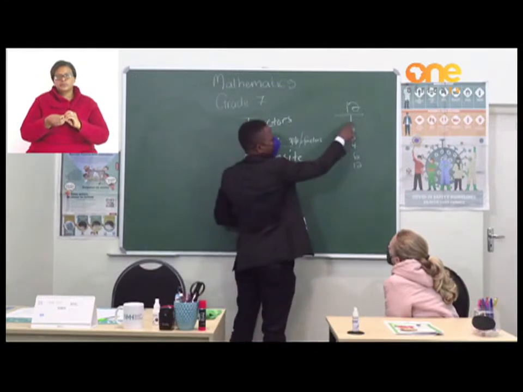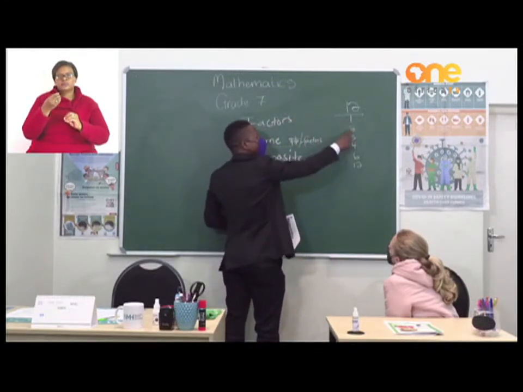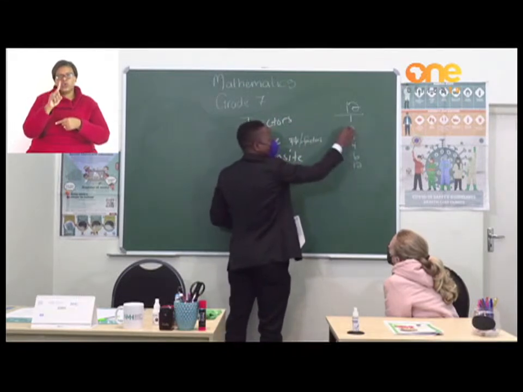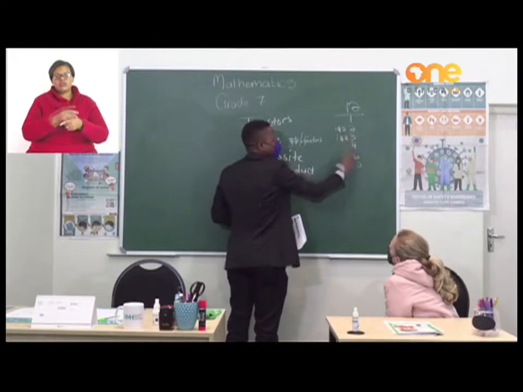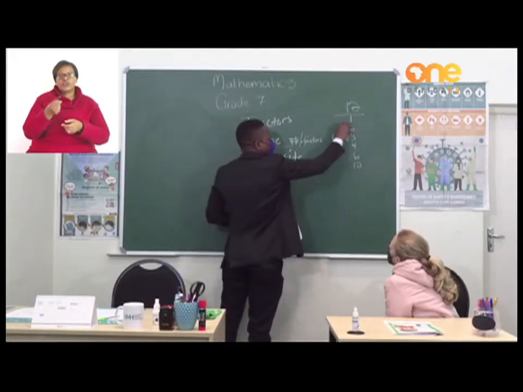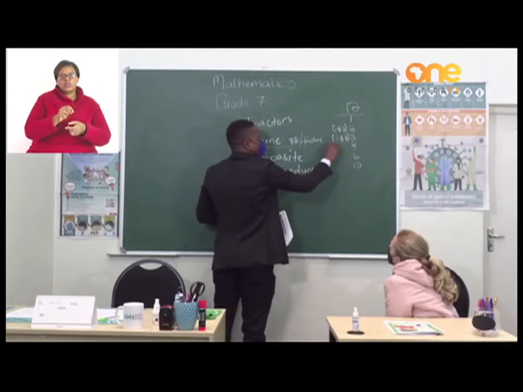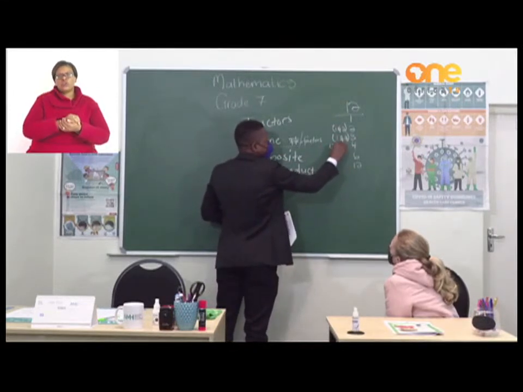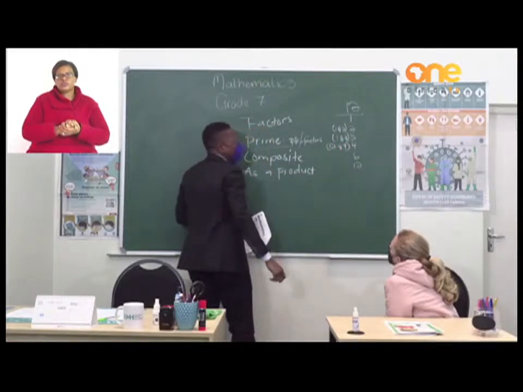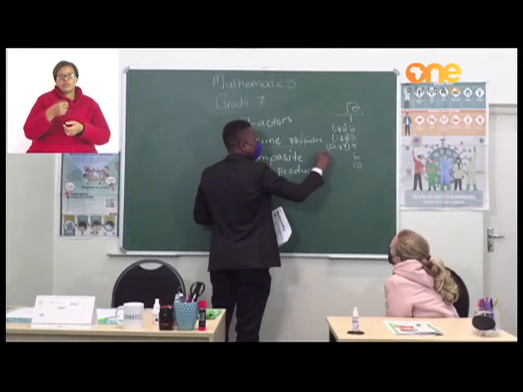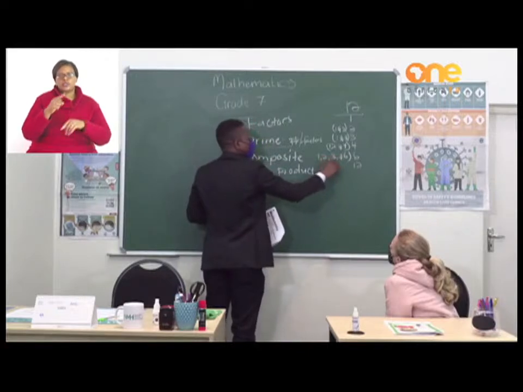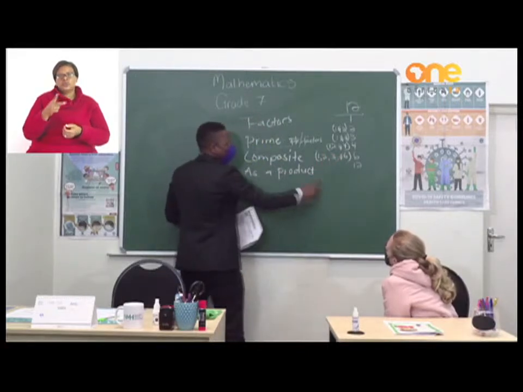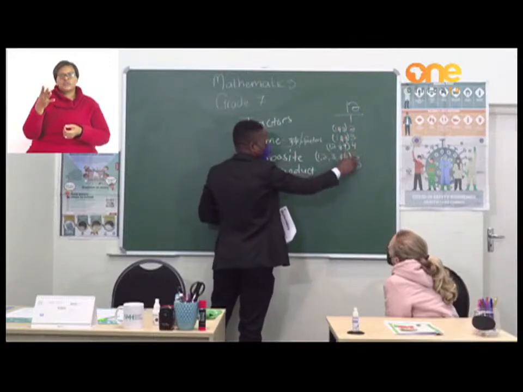Let's look at the factors of 1. 1 has only 1 factor, which is 1. 2 has 2 factors, which are 1 and 2. 3 has 1 and 3. 4 has 1, 2, and 4. 6 has 1, 2, 3, and 6. 12 has 1, 2, 3, 4, 6, and 12.